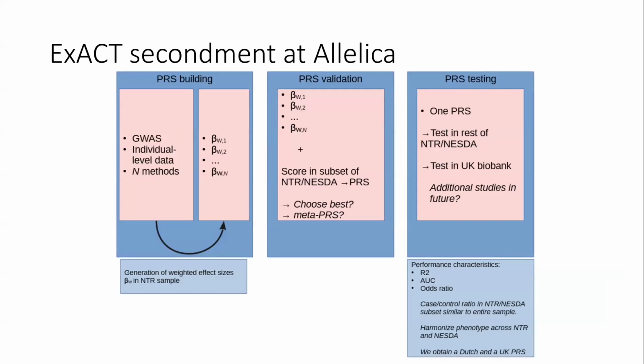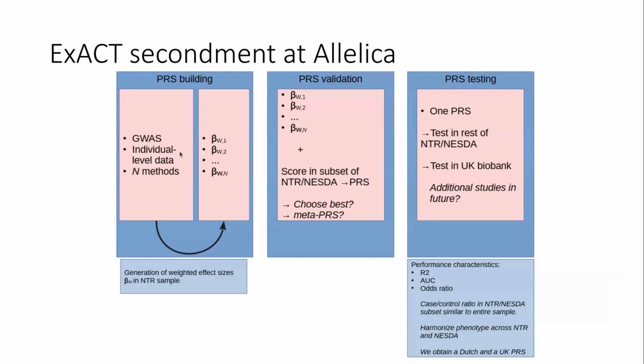And this actually is the schematic of what we did and what we're still working on actually. So on the left-hand side, the aim was to build PRSs using different methods. So that's over here, number of methods. And for that, we need the base data, GWAS, and the individual level data.